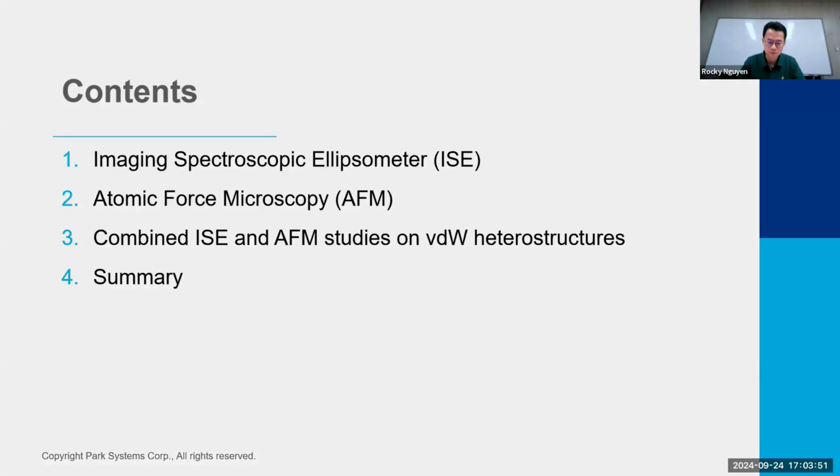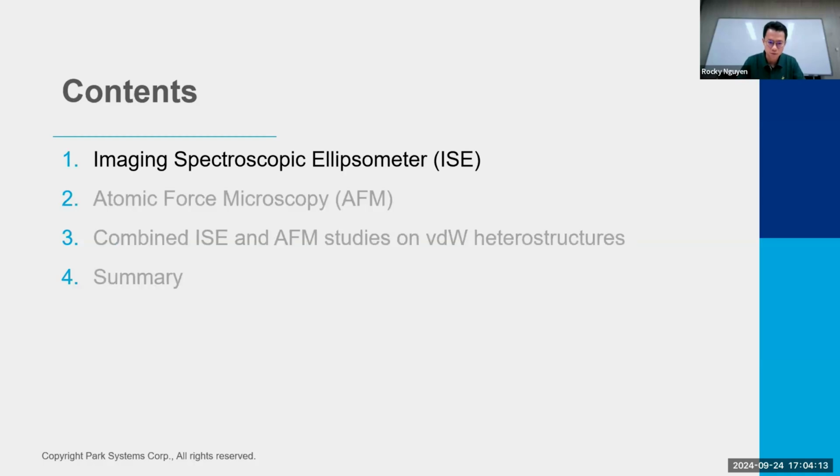My talk consists of four major parts. Firstly, I will give an overview on the ellipsometer and AFM, and then I will show an example of combined ellipsometer and AFM study on the van der Waals heterostructure materials. And finally, some concluding remarks will be made.